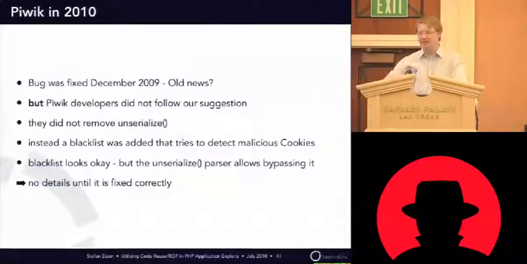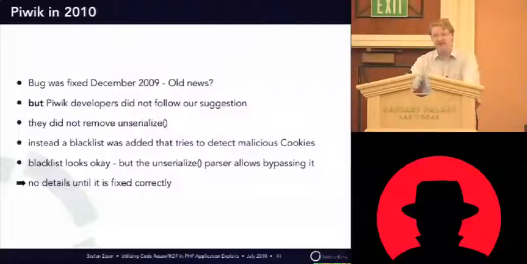And after looking at it again and again, and looking at the unserialize part there in detail, it was very obvious that the blacklist is ineffective. So I won't tell you exactly how it works, but if you prepare the serialized string in a special way, you can bypass all their blacklists.